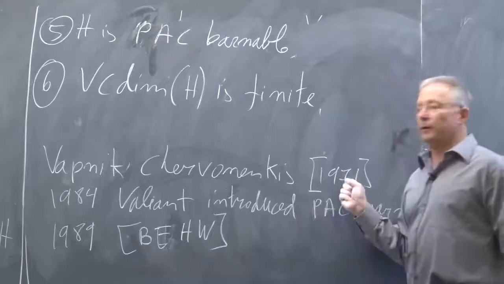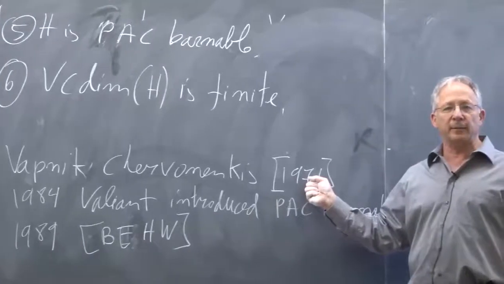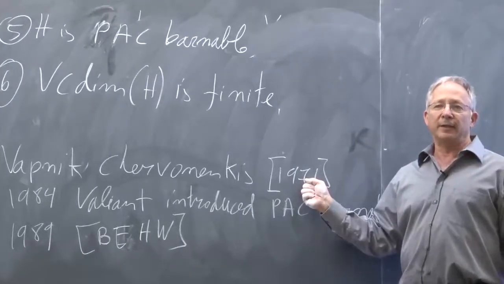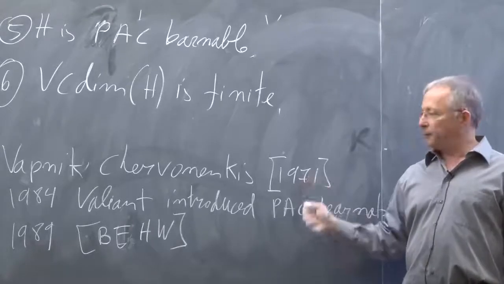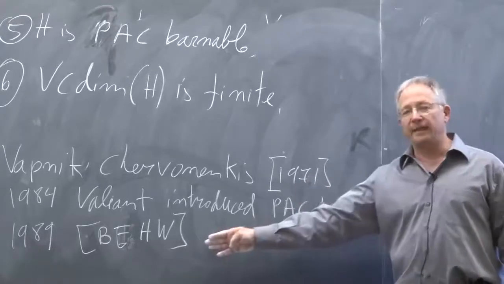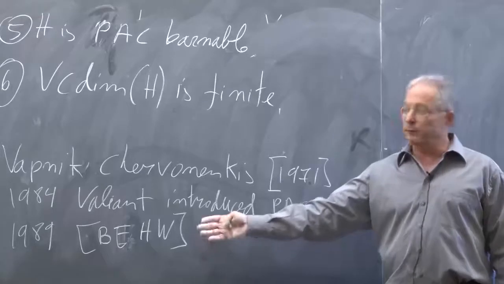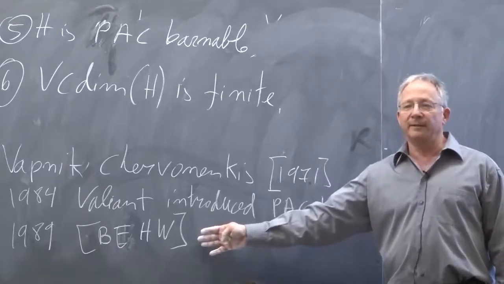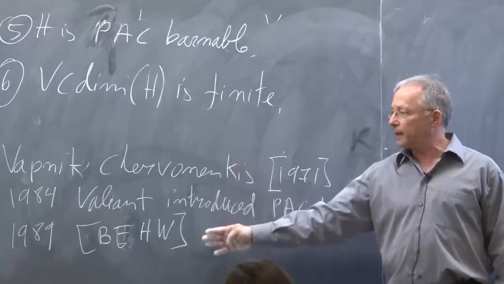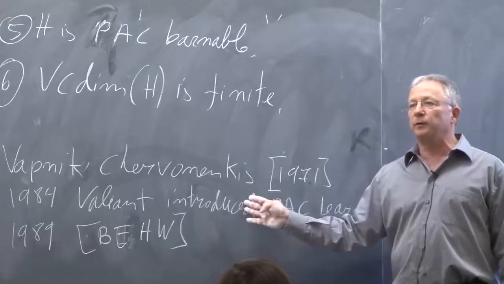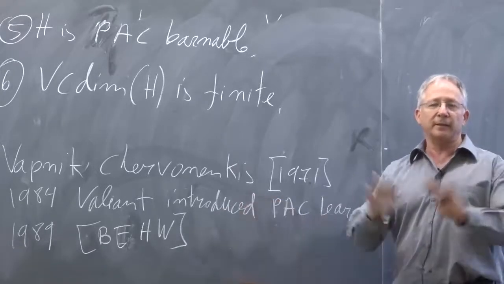So the theorem has a statistical statement in the Russian literature. Then Valiant defined the model. Then these guys noticed that, or reproved, that the result of Vapnik and Chervonenkis actually applies to the new definition of learning. So that's as far as the history goes.